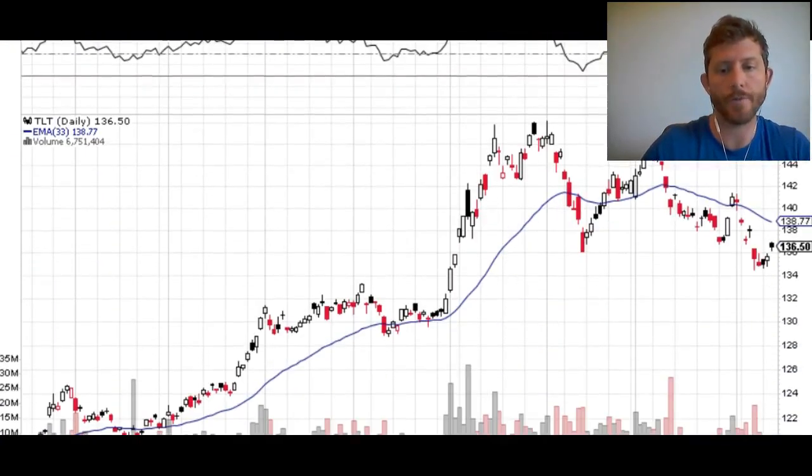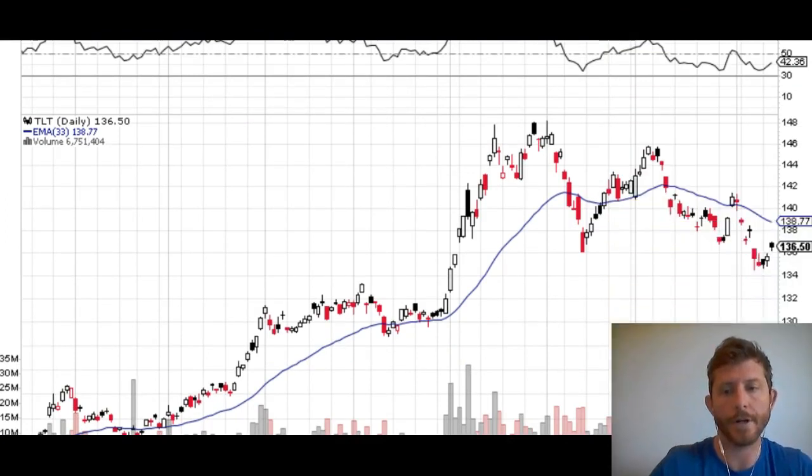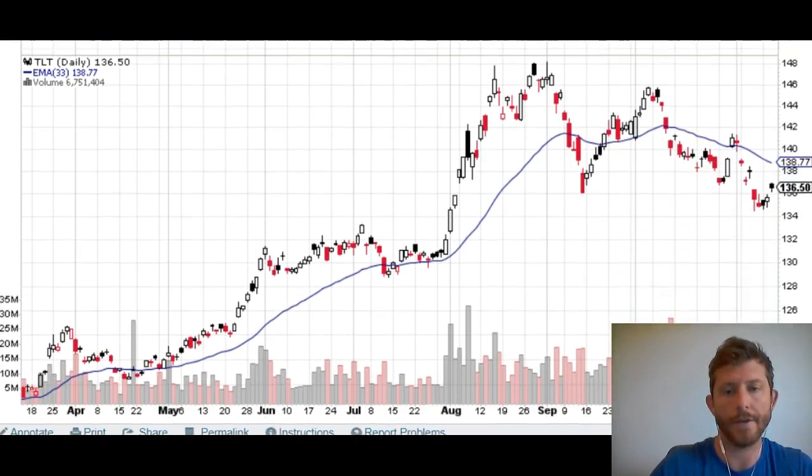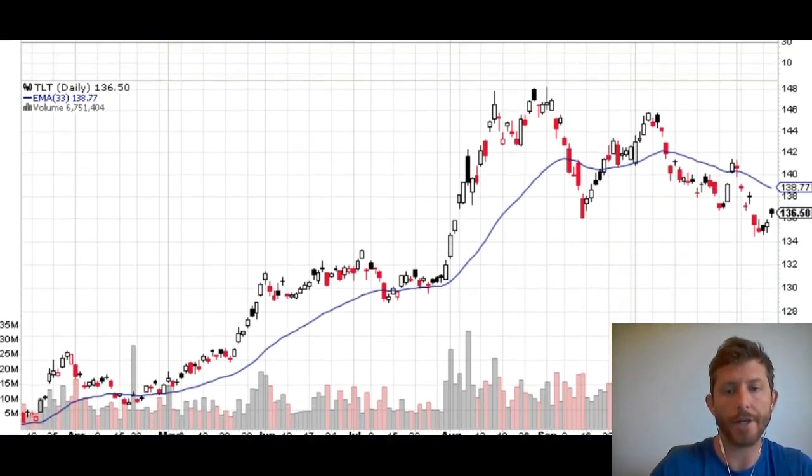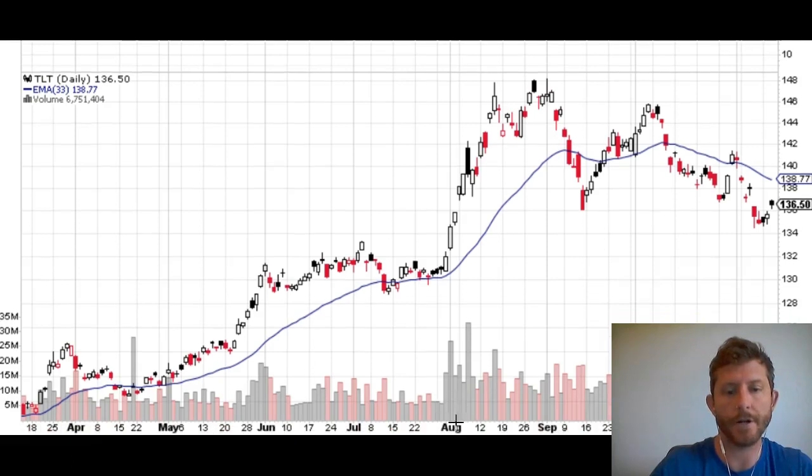Right, so the action you want to focus on here is right there. So this is August. You can see the date right here, August through November. We've been heading lower. Okay, August through November, TLT headed lower. It's exactly what it did in 2016.